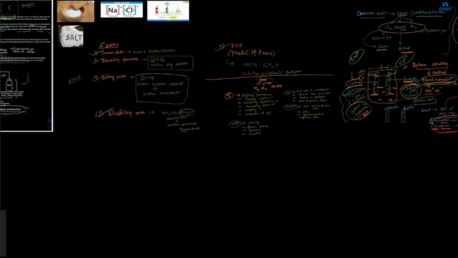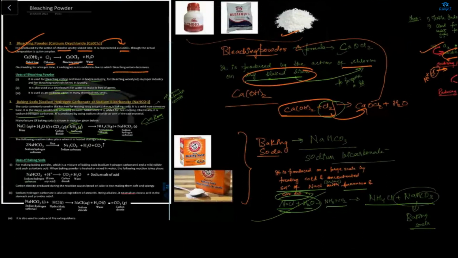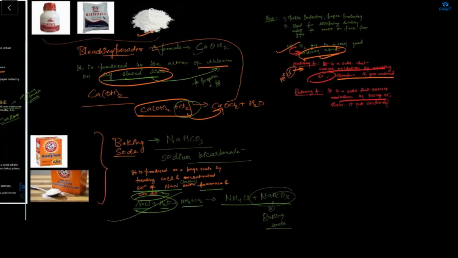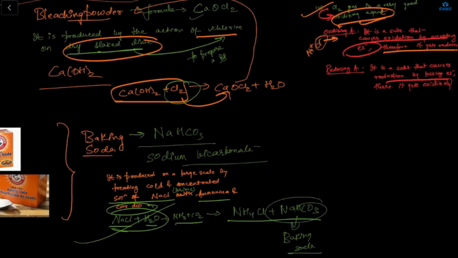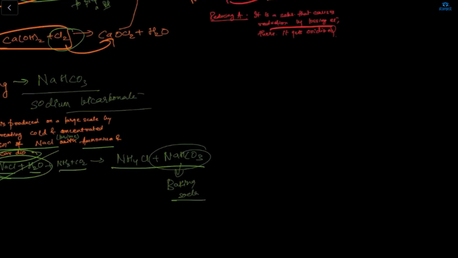So these three reactions you are done: the bleaching powder one, baking soda, and the common salt. Bleaching means slaked lime and chlorine. Baking is brine, ammonia, carbon dioxide giving NH4Cl, that is, ammonium chloride.